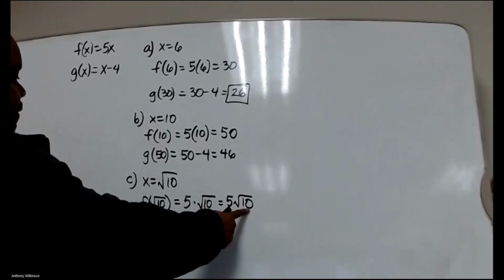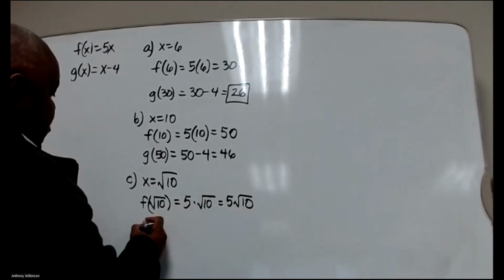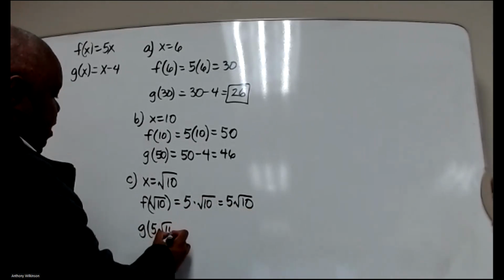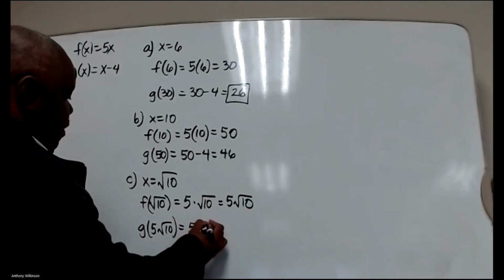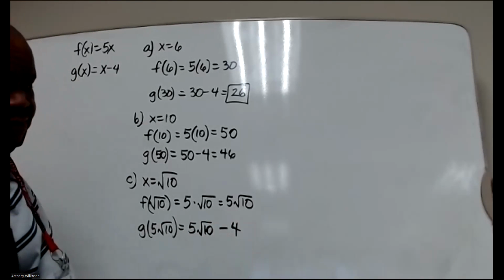And we got 5 square root of 10. That would be the x value for g of x. So here we're going to have g of 5 square root of 10. So here we just replace the x with 5 square root of 10 and then minus 4.